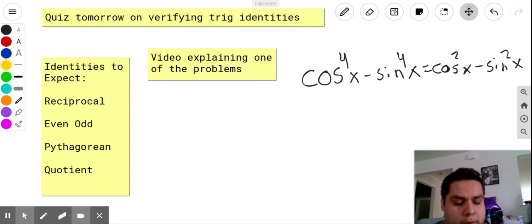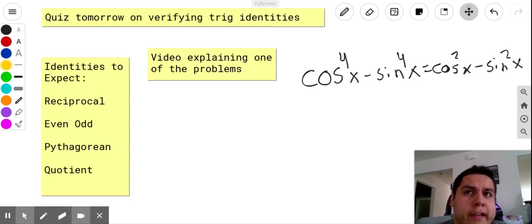So by looking at this, I want to mess with the left side. I don't see the need to mess with the right side, but I could. So here's what I can do. I'm going to go ahead and factor the left side. Since I have a cosine raised to the fourth power of x and a sine raised to the fourth power of x and they're being subtracted, that's a difference of squares factoring pattern.